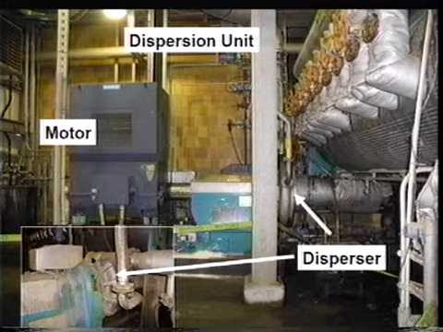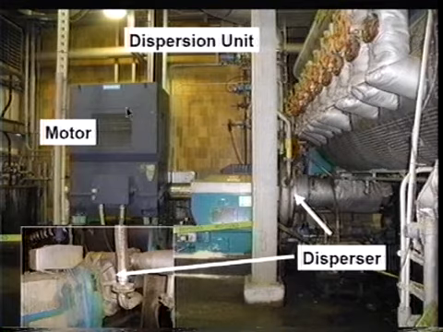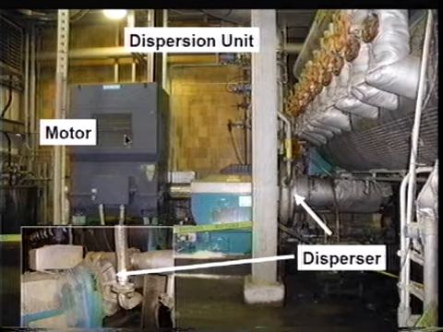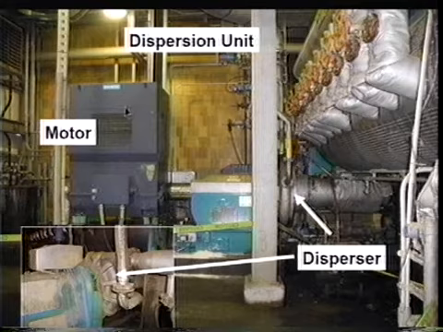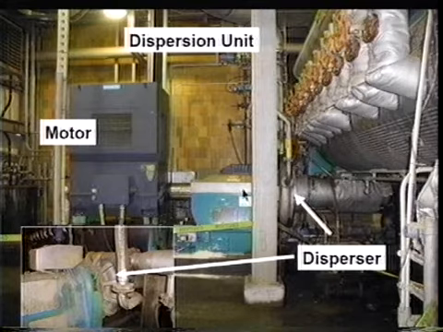Okay, so here's the refiner. And what we have here is a motor, but a special kind of motor. It's an ABM motor. An ABM motor, an awfully big motor. So we've got to spend a lot of money to turn this rod and run the disperser.